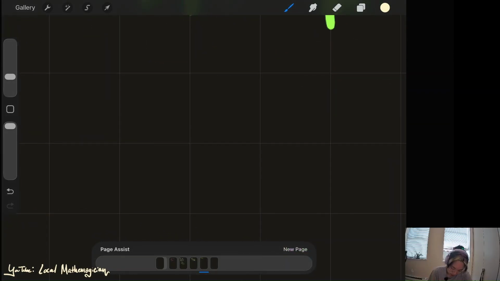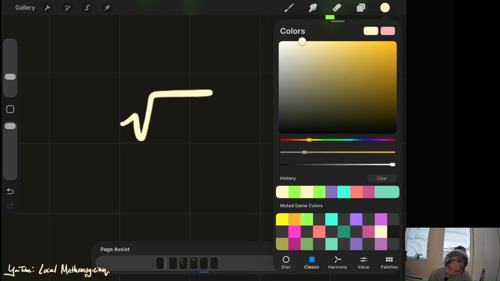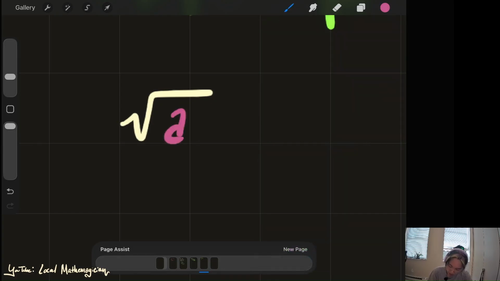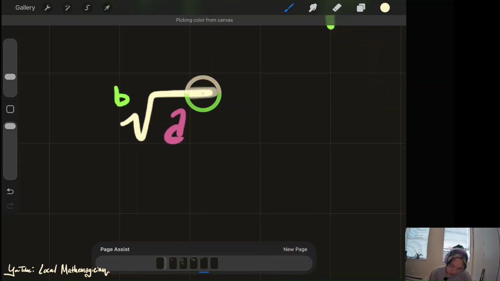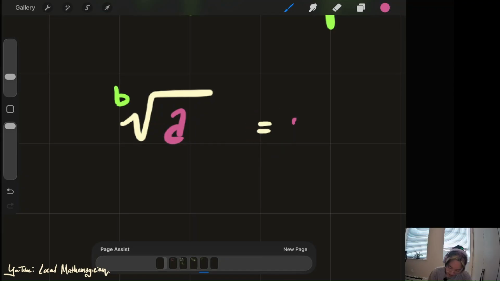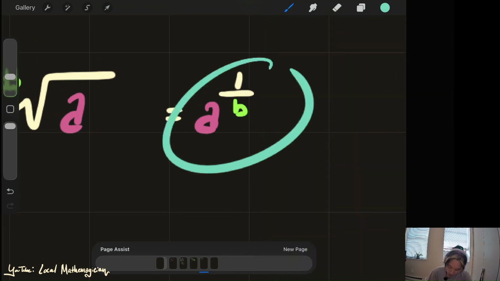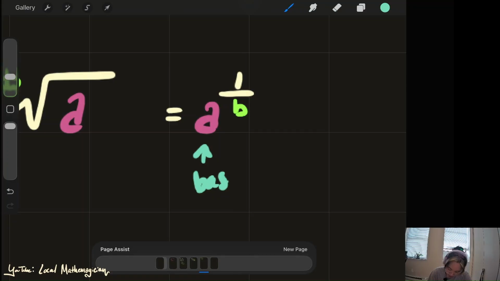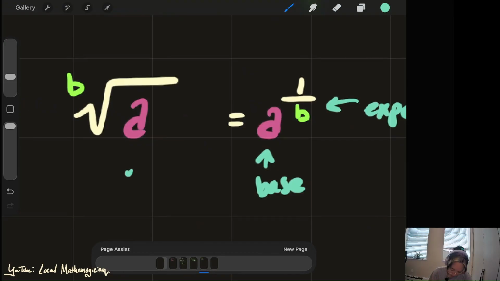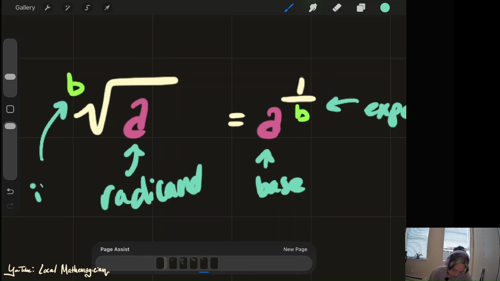So, if you have root, let's do A in pink, and then the outside, let's call it B, which is the same as saying A to the power of 1 over B, in exponent form. In exponent form, this is called the base, and this is called the exponent. In radical form, this is called the radicand, and this is called the index.